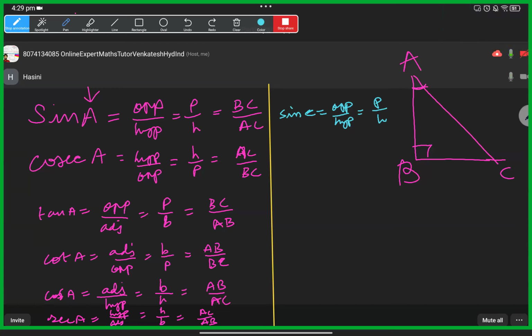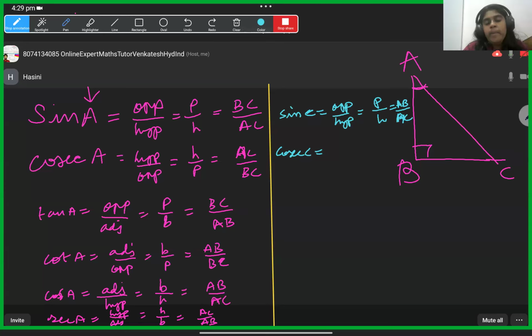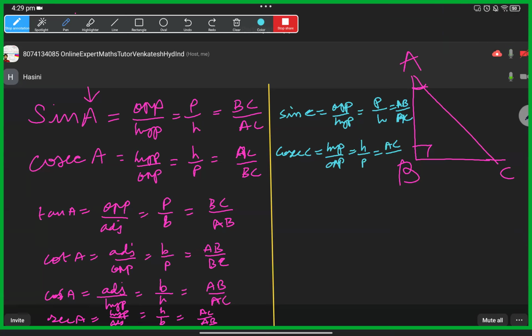For vertex C, the opposite side or perpendicular will be AB. Now similarly, cosecant C is hypotenuse by opposite, or hypotenuse by perpendicular, which is AC by AB.